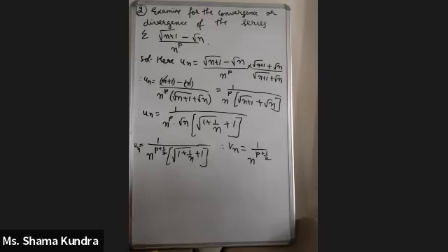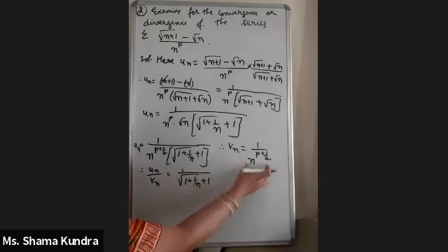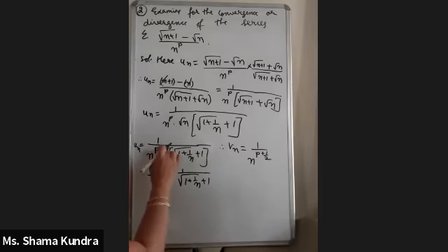So clearly vn will be 1 over n raised to power p plus 1 by 2. After finding vn, what is the next step? To find the value of un over vn. Therefore, un over vn is 1 over under root of 1 plus 1 by n plus 1, because n raised to power p plus 1 by 2 from numerator and denominator will get cancelled out. Next step is to take limit n tends to infinity.